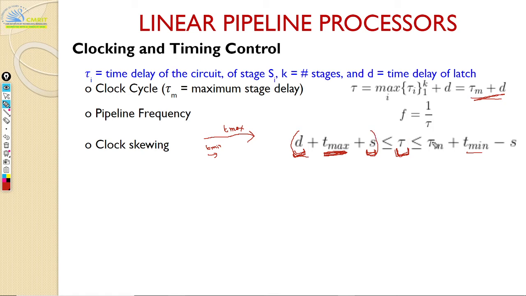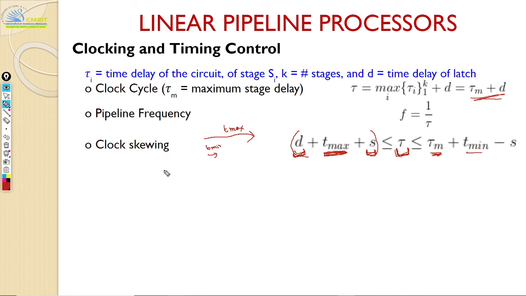Now there is also an upper bound. Why do you need an upper bound? If you take tau m, tau m is the maximum stage delay. Let us say the slowest guy is 1 nanosecond.